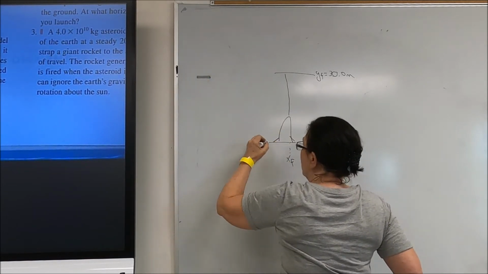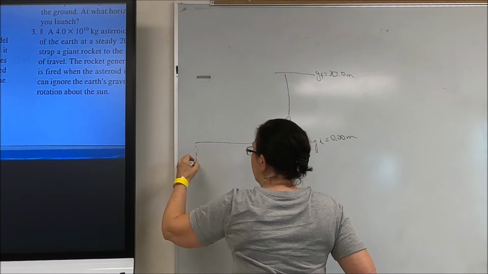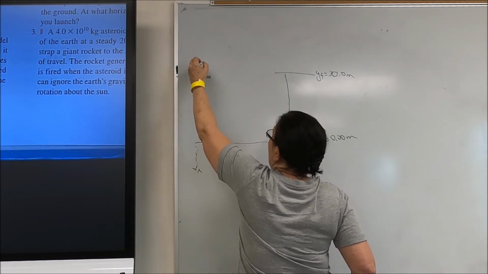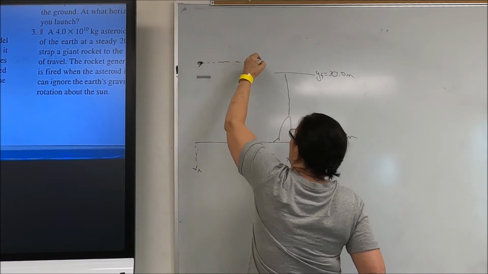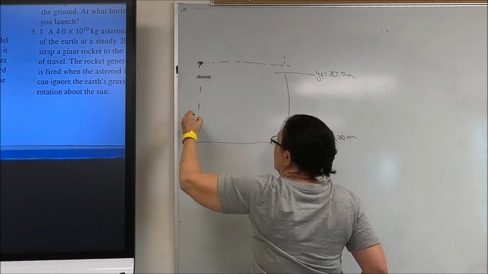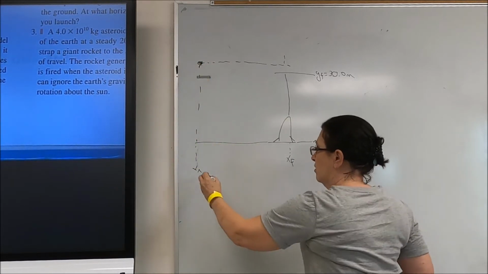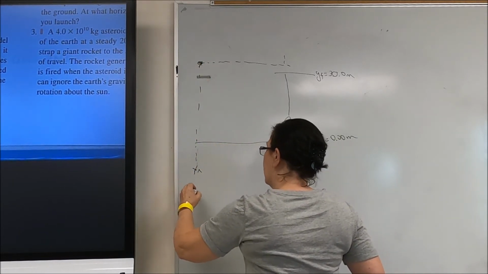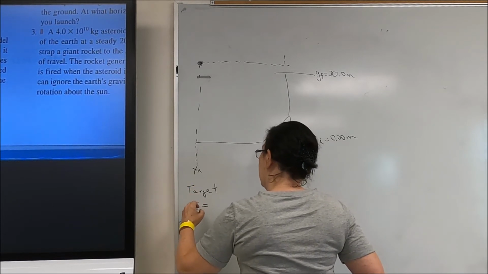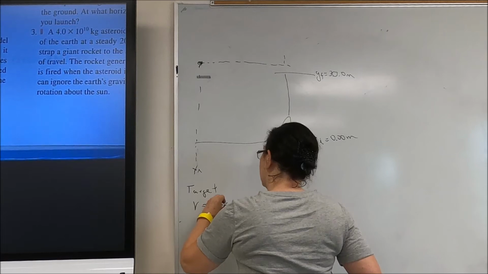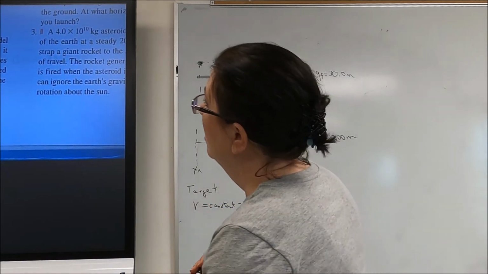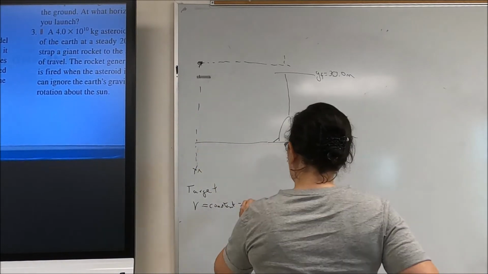Call this x final, and over here some x initial. And I've got a target that's moving like this. This is its x final, this is its x initial. For the target, v is constant, and it's 15 meters per second.